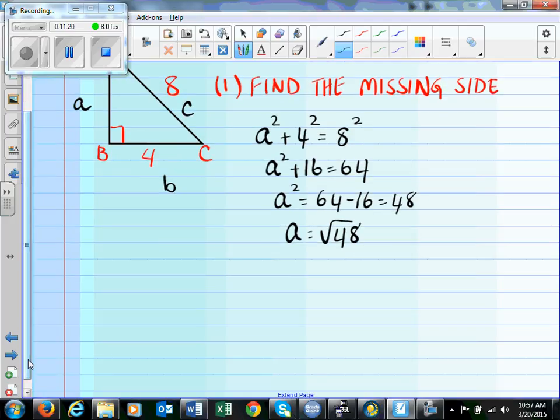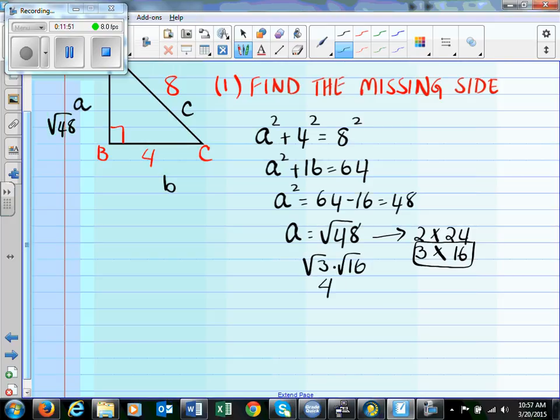The square root of 48 can be simplified further, and then we establish the trig ratios for this triangle ABC. You can write 48 as 3 times 16, and this is the way we split it.